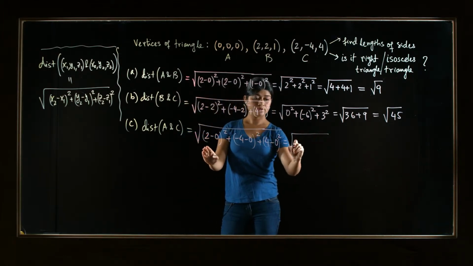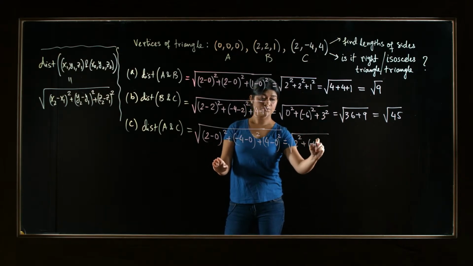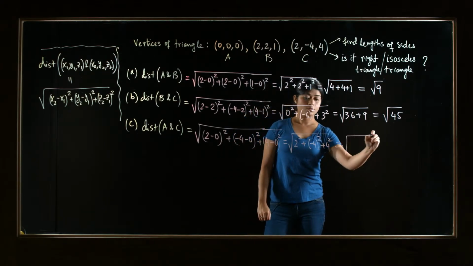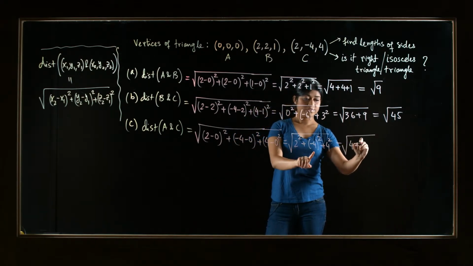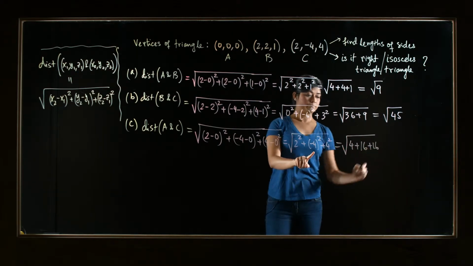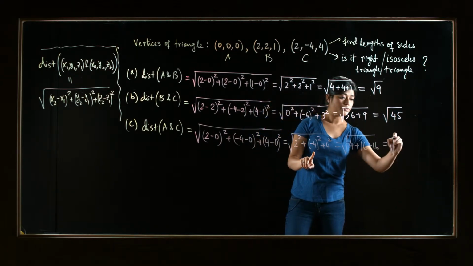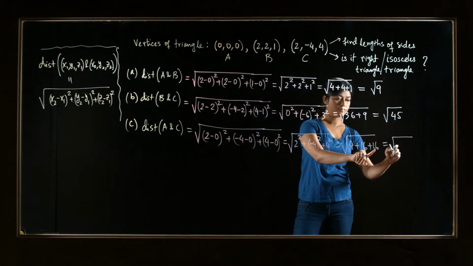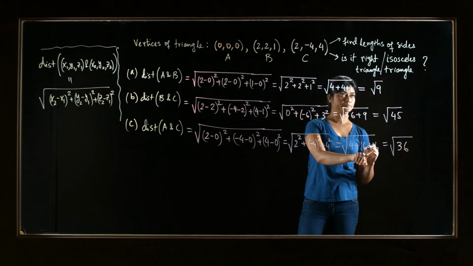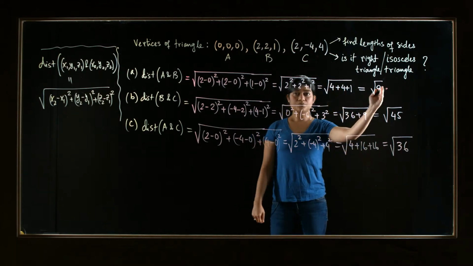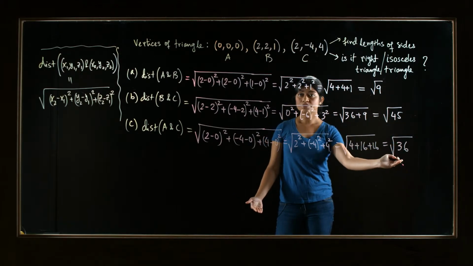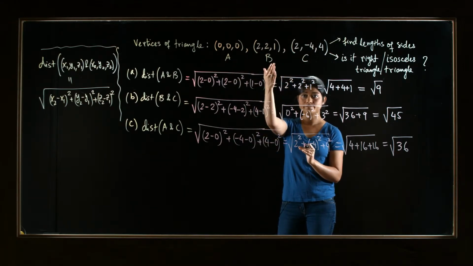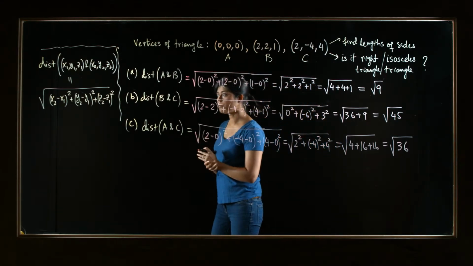Okay, so we have 2 square plus negative 4 square plus 4 square, and that is 4 plus 16 plus 16, so 16 plus 4, that's 20, plus 16, so that's 36. Okay, so these numbers that we got, square root of 9, square root of 45, and square root of 36, they are the lengths of the sides of the triangle whose vertices are given. So that completes the first part of the problem.